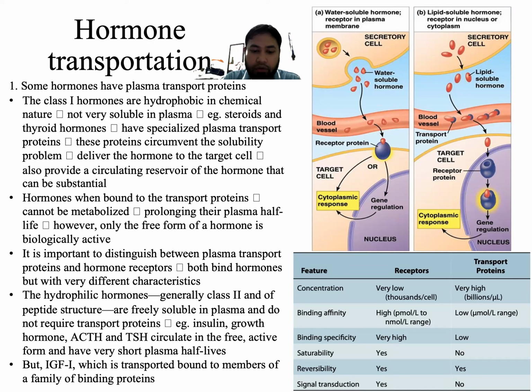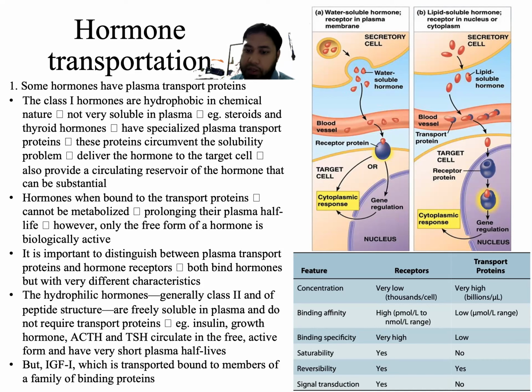If you look down there in the box, feature, concentration, binding affinity, specificity, this is just a small piece of information for you to know that the receptors are very low in terms of concentration, but the transport protein is very high. It's billions per microliter. The binding affinity is very high, I mean, this is for the receptor. But for the transport protein, the binding affinity is very low.